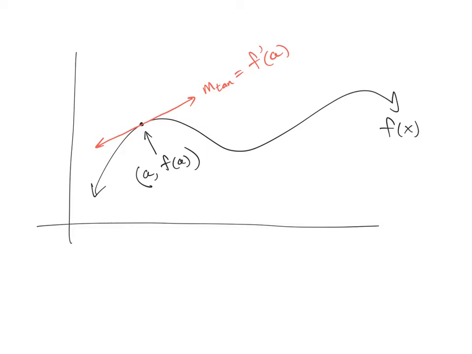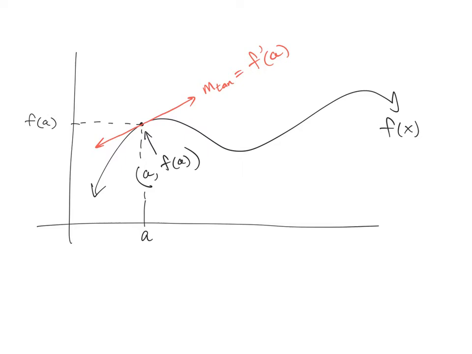So if you drew some little markers down like this, the specific x value is a, and here is the y value at that point, f of a. And then, say for example, you want to find that tangent line that's right there. This is the tangent line, and that tangent line is f prime of a. That's the slope of that tangent line.